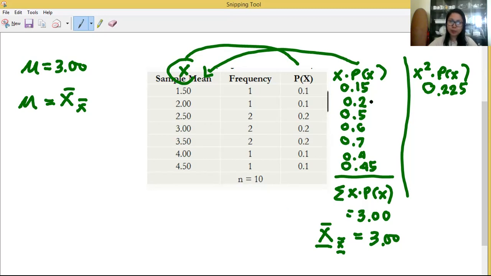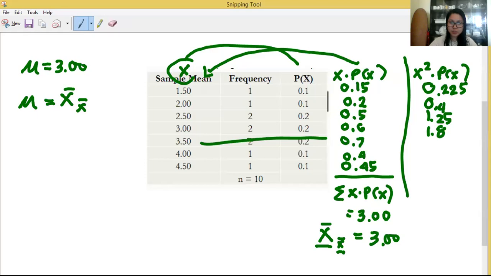Next, 0.2 times 2. We have 0.4. 2.5 times 5. The answer is 1.25. Next, 3 times 0.6, 1.8. 0.7 times 3.5.